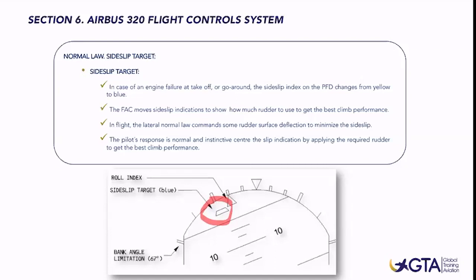In this case, we will get this sideslip indication, which, as I said, is the flight augmentation computer giving the pilot an idea of which rudder to apply to remove this yaw moment.